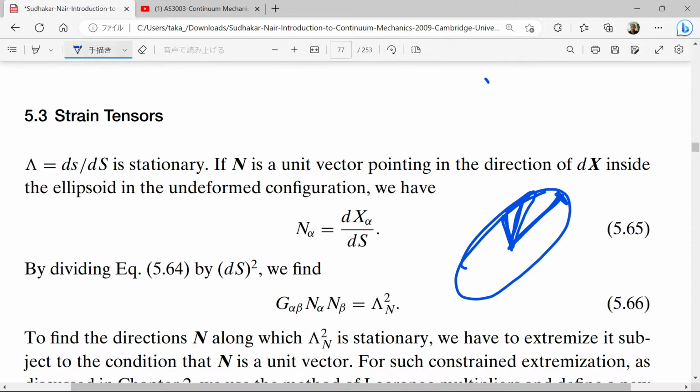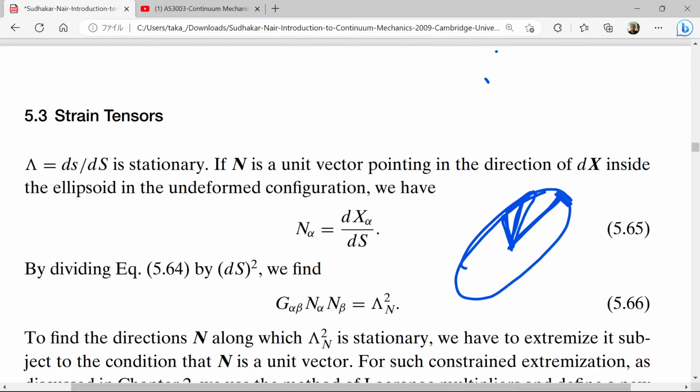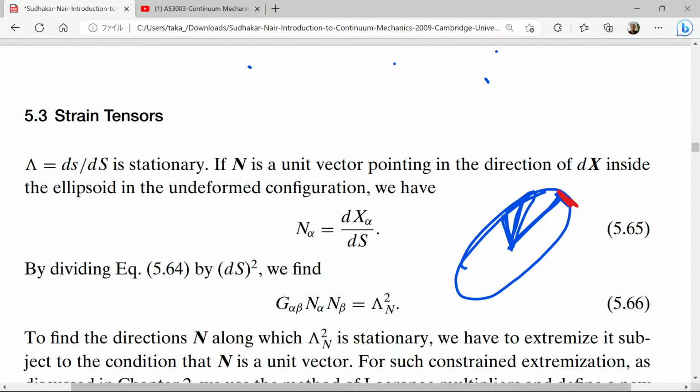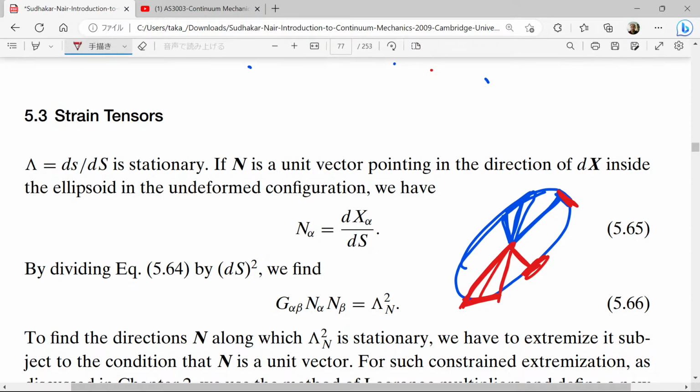So that means here it's constant. This is constant. Right? I can change color if you can see better. So here the stretch is stationary, or this axis, if you see this axis, the stretch is stationary. But somewhere here, the stretch is not stationary. On one side, stretch is large, on the other side, stretch is small. So along the direction of the axis of the ellipsoid, the stretch is stationary.